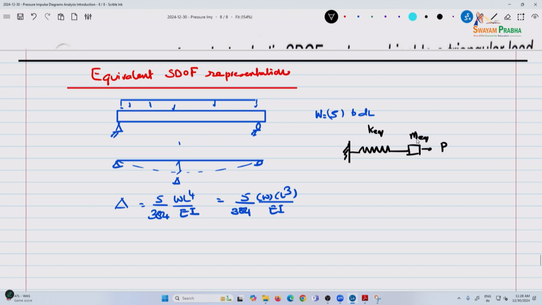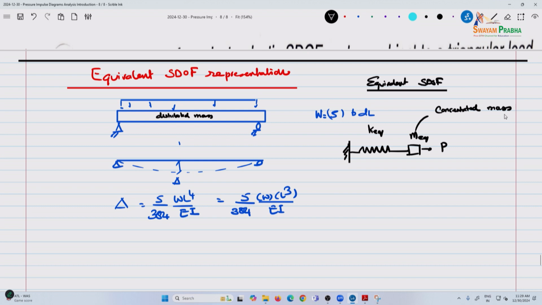What we have here is a distributed mass, but in an equivalent SDOF system representation, this mass is a concentrated mass. So we have to make some adjustments for that as well.